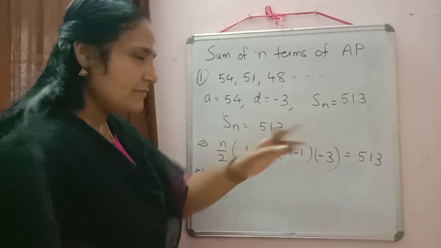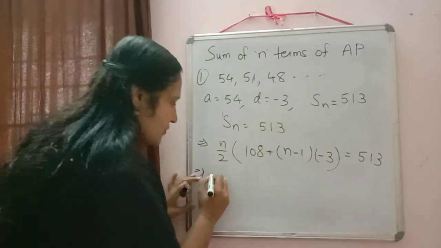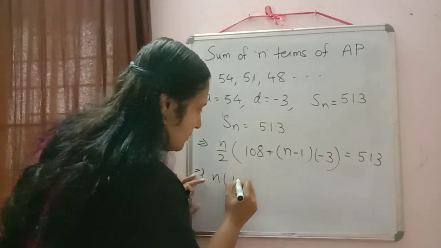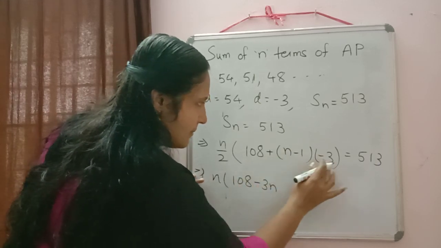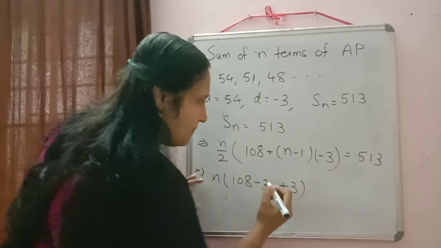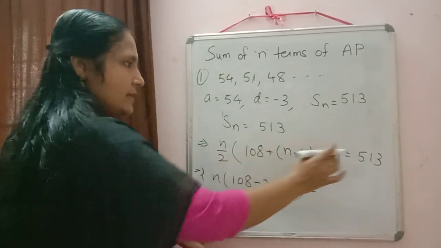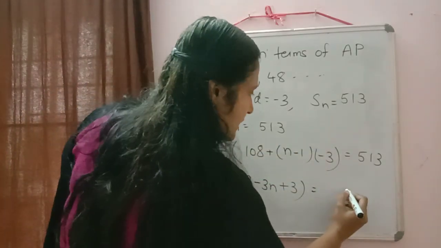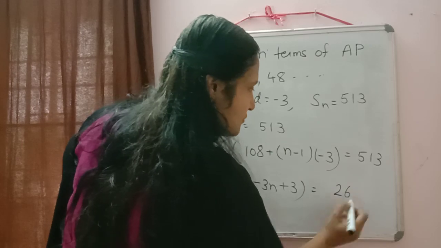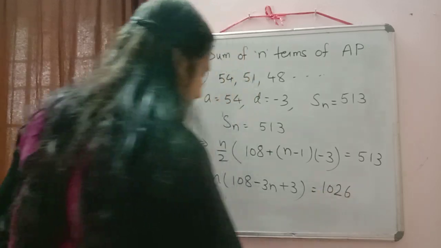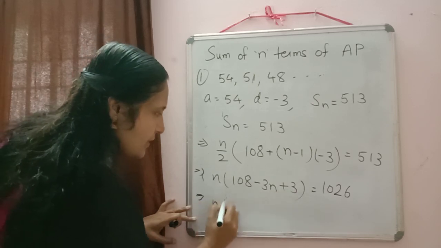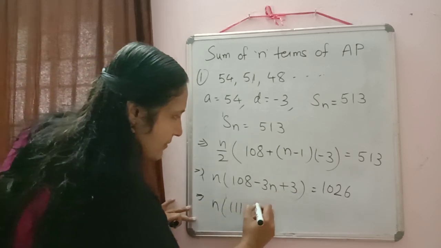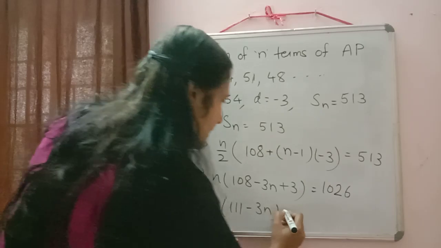So it will be n into 108 minus 3n, minus into minus equal to plus 3, is equal to 513 into 2, which is 1026. So we get 108 plus 3 equal to 111 minus 3n is equal to 1026.